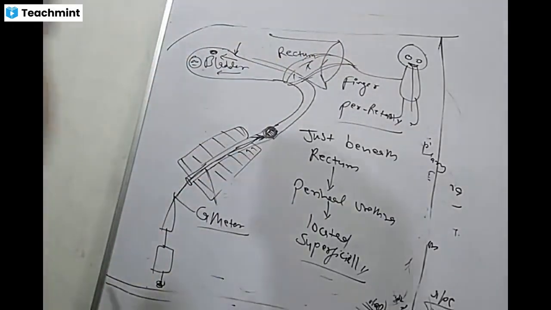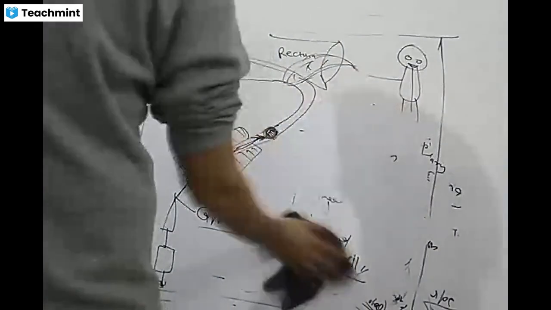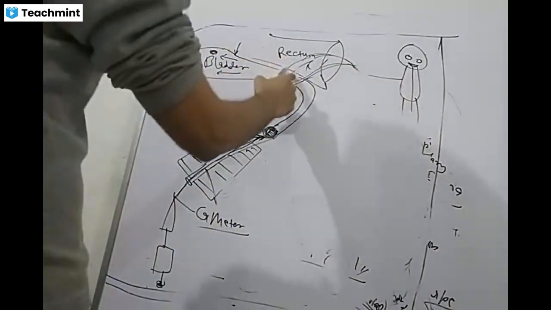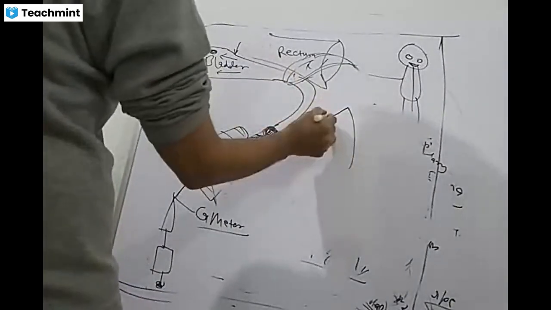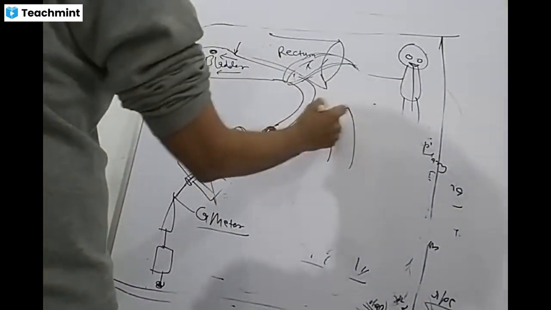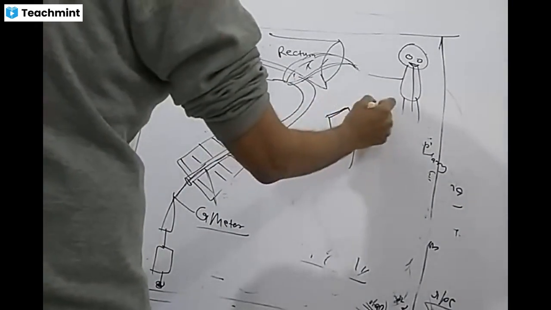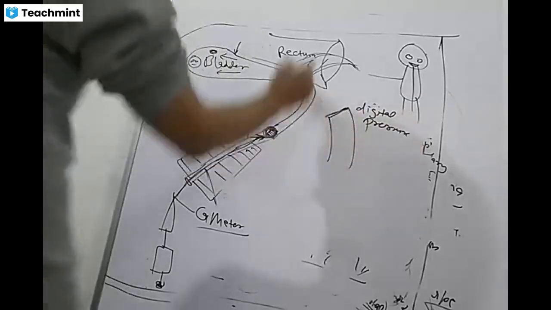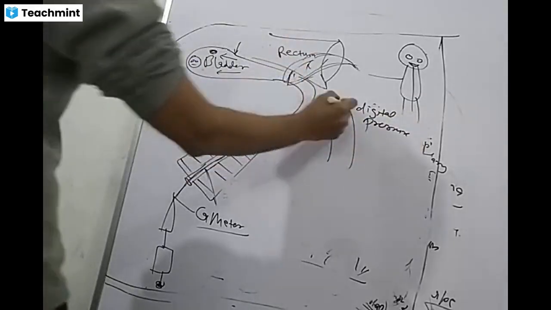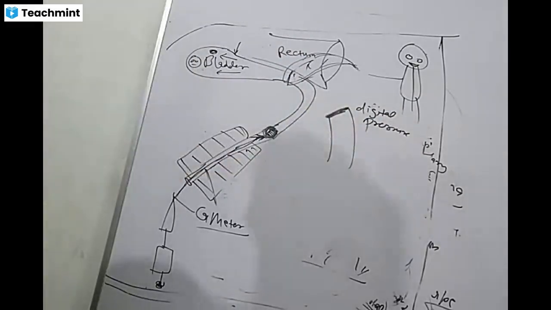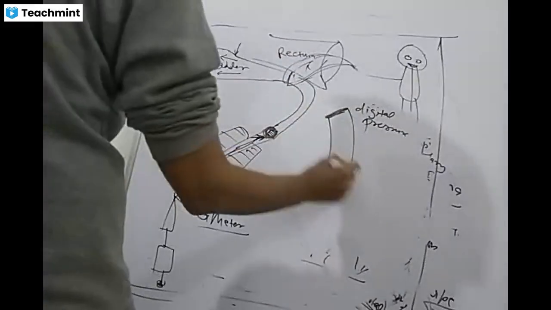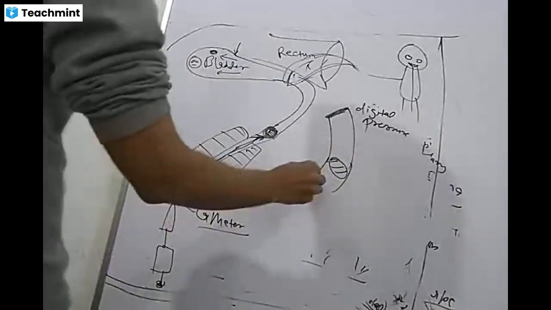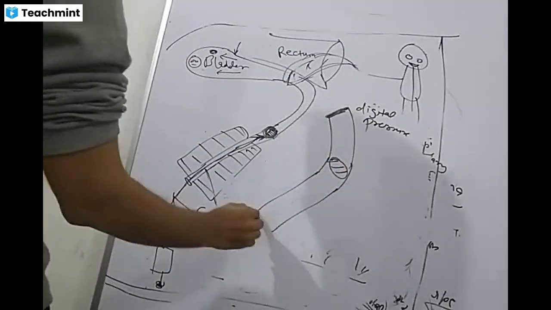After this, what happens? This part is closed with your digital pressure. You apply the pressure and close this. So this side is closed. Here you have stone, and this is your urethra.